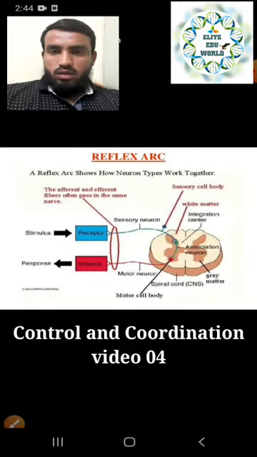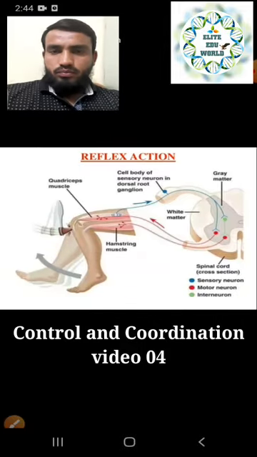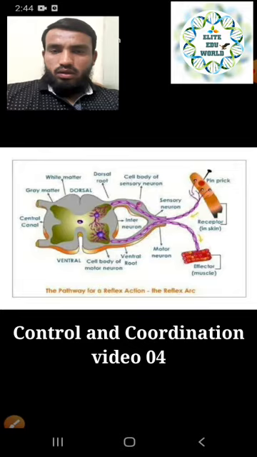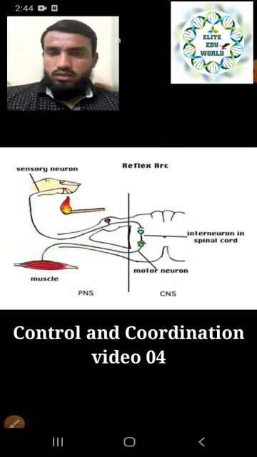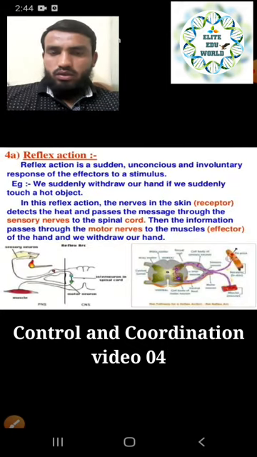You can also draw the reflex arc like this. That is a better understanding for you, and you can prepare short notes with the help of all these points. Whatever remaining points, we will take in our next session. Up to then, take care.